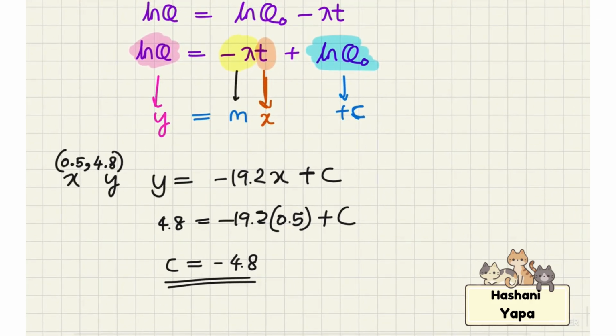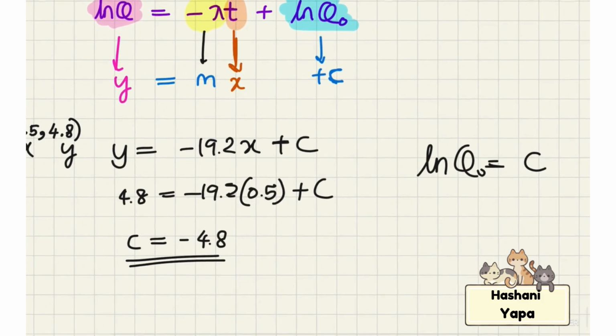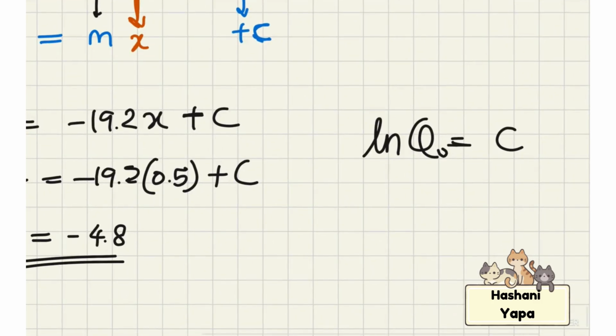So what is c now? c is ln q naught, equals c. They're asking for q naught, so we can't keep it in the form of ln. What is ln? ln is log e. So q naught equals e to the power c.